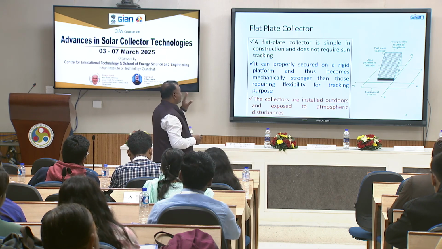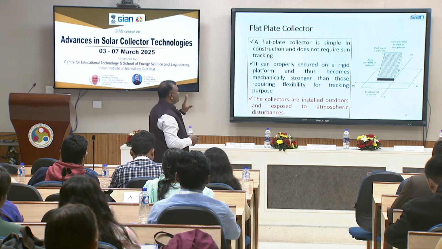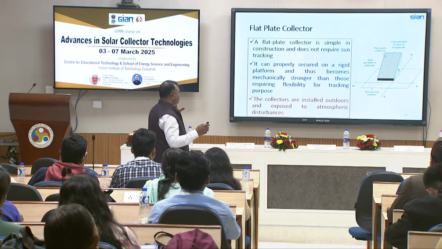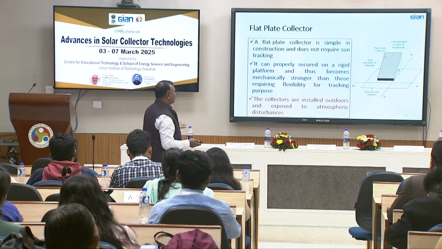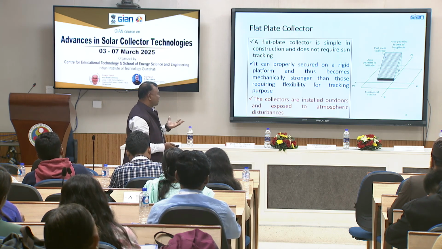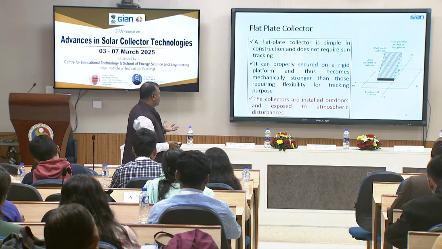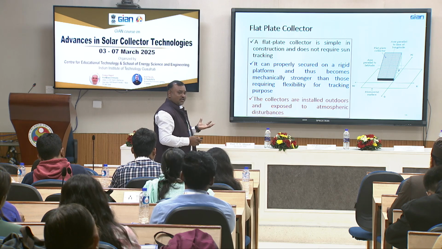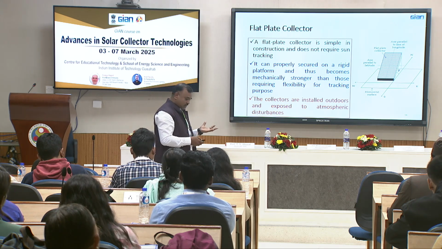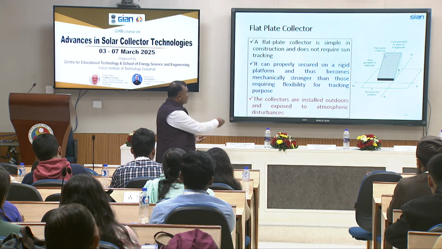This flat plate collector can be properly secured on a rigid platform, thus becoming mechanically stronger than those requiring flexibility for tracking purposes. And of course, this kind of collector is always installed in the field. So, it looks something like this.